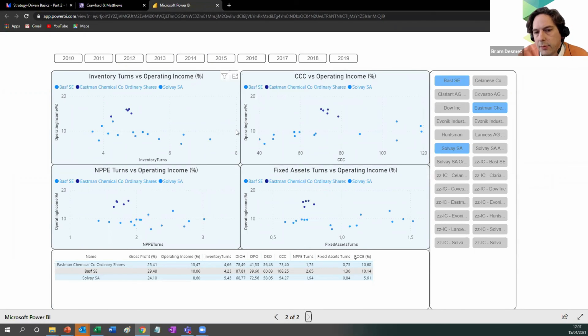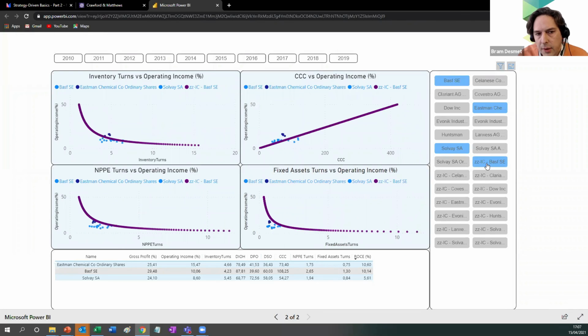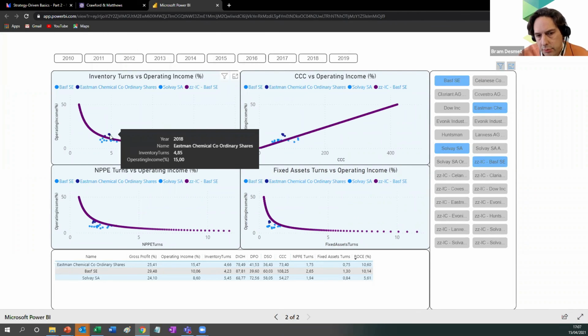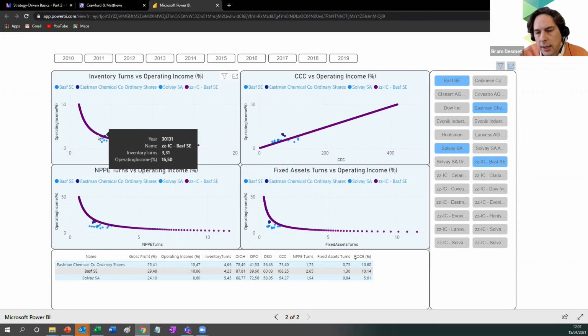And this is an example of a two-dimensional benchmark, where I can plot the performance of different companies in 2D, and where I can also plot best practice curves and say, okay, maybe the performance of Eastman here is a bit too aggressive for me. Maybe I want to get to the level of performance of a BASF. What are then the best performance lines of BASF? Where am I today as a company? And how does it help me to come to realistic targets of different elements of the ROCE?